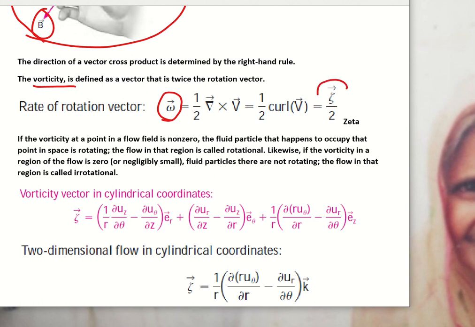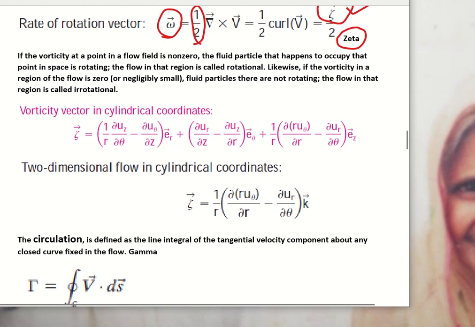This is called zeta in nomenclature. In Roman nomenclature, this is called zeta. So zeta is twice of omega. Vorticity is nothing but a kind of rotation, but we want to absorb this 1 over 2. That's why we have defined this term vorticity.